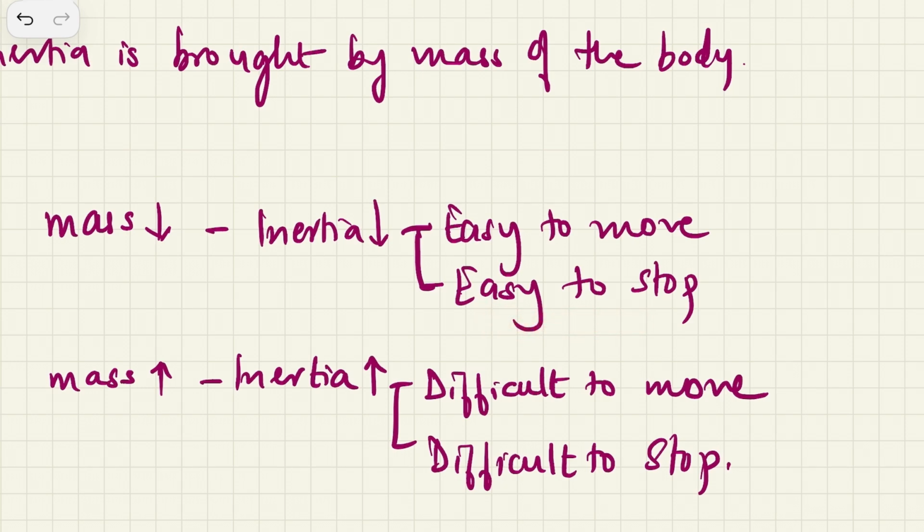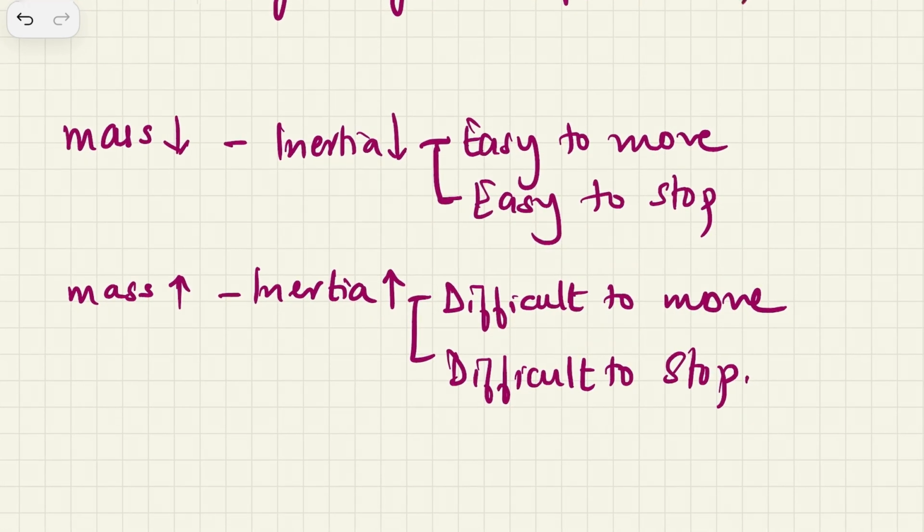However, when the mass is more, the inertia would be more, and it would be difficult to move. So if it's a heavy body like a truck, moving it would be very difficult. And if you want to stop a moving truck or any moving heavy body, it would be very difficult to stop as well.